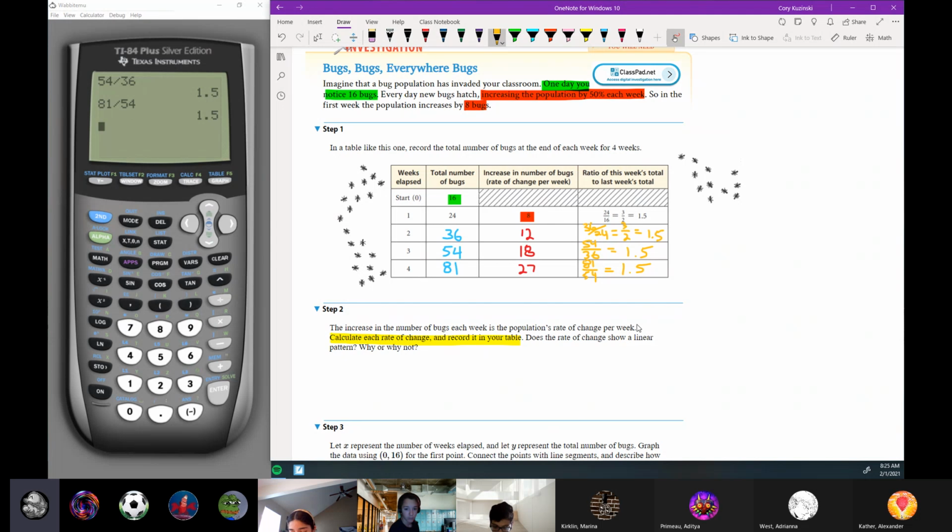All right. Does the rate of change show a linear pattern? Why or why not? Okay.